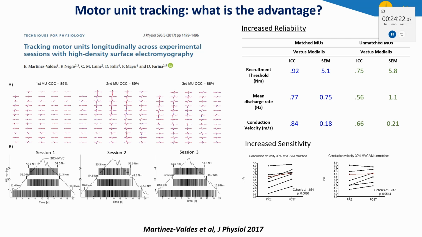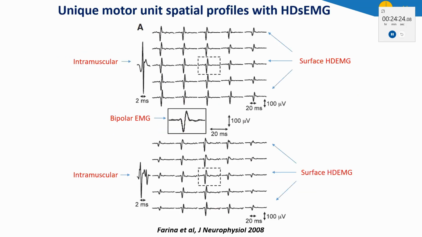And this previous slide just contains roughly about a 6x6 matrix, okay? So it's, sorry, 25 channels here. Even when you don't have a lot of channels, you still can identify the uniqueness of these action potentials.